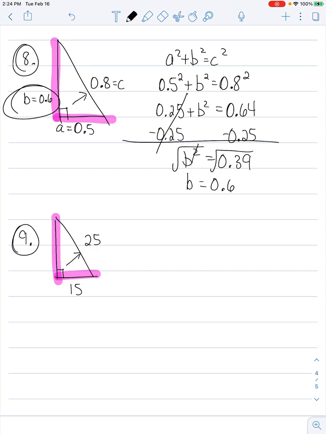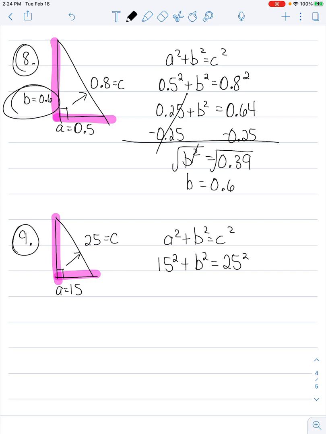Draw your L, draw your arrow across, and it looks like they gave us the hypotenuse, or c. So this one can be a. So let's plug in a squared plus b squared equals c squared. We said a was 15 squared plus b squared equals, we said c was 25.